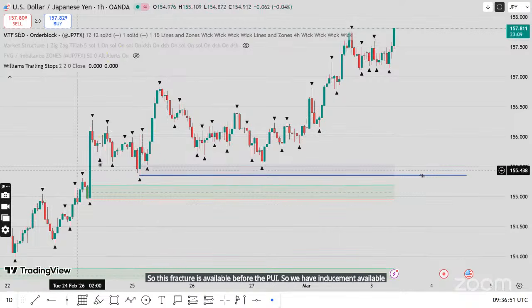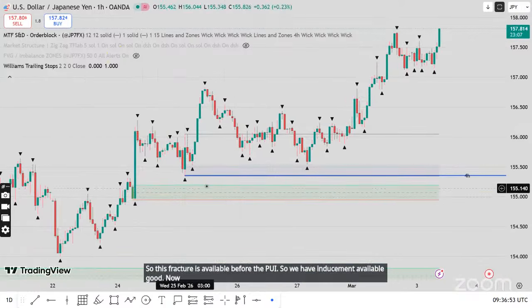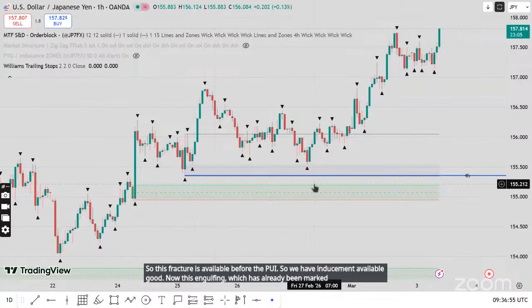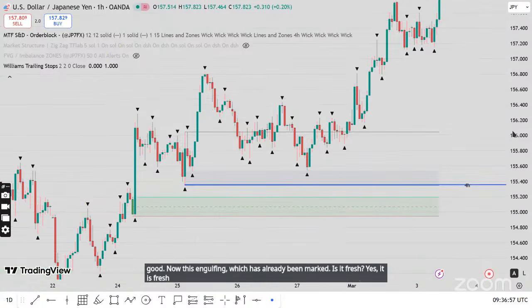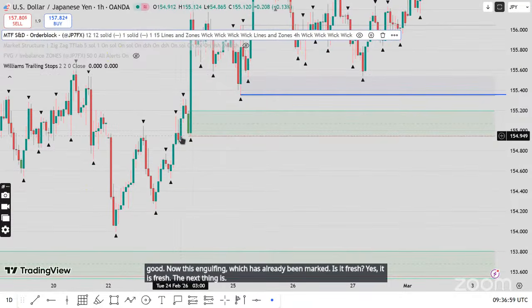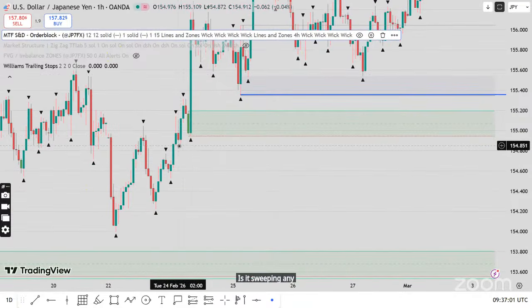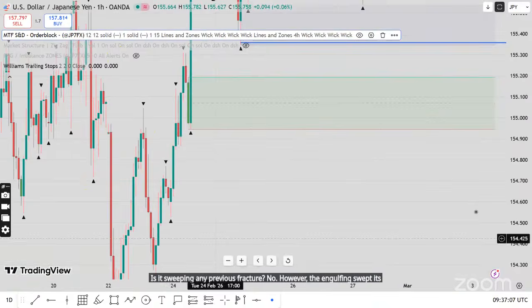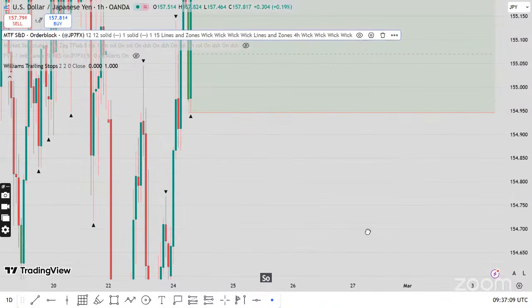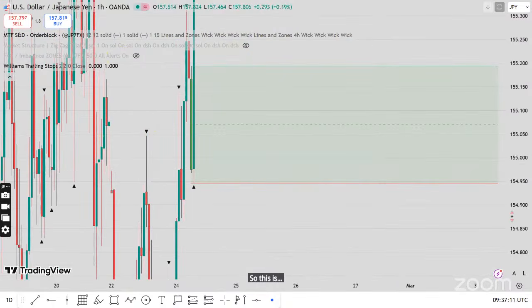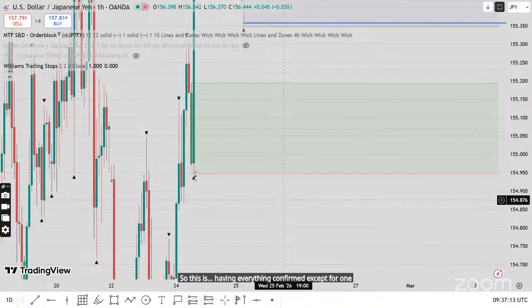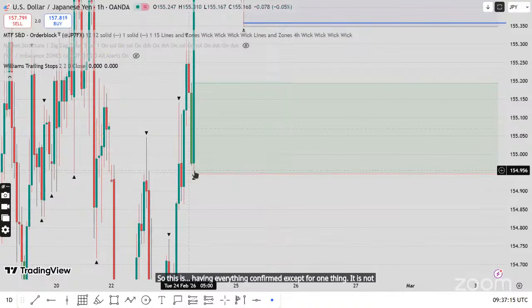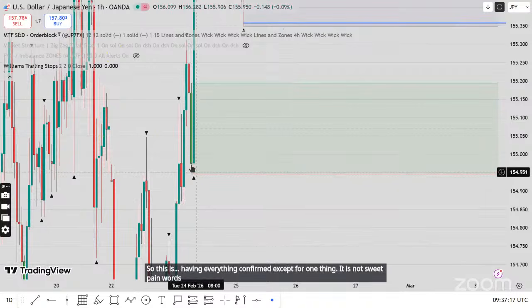Good. Now, this engulfing, which has already been marked, is it fresh? Yes, it is fresh. The next thing is, is it sweeping any previous fractal? No. However, the engulfing swept its previous candle. So this has everything confirmed except for one thing. It is not sweeping a previous structure.